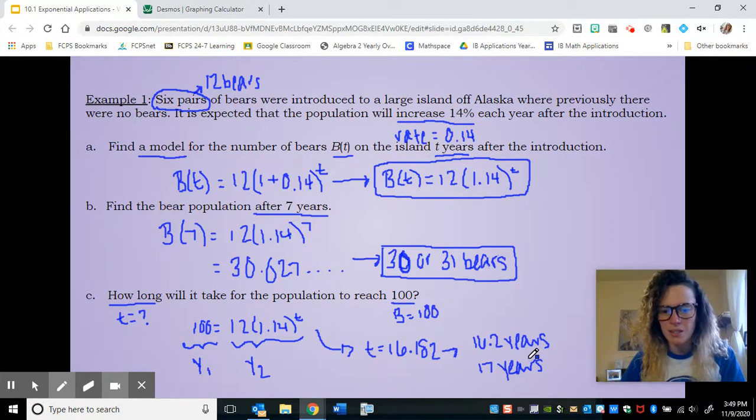They wouldn't take 16 years, because if we rounded that 16.2 down, I technically haven't reached the population of 100 yet. So that would be a reason to round up, even if you used the intersection method, like we did, and then rounded it up to 17. But they would take either of these.